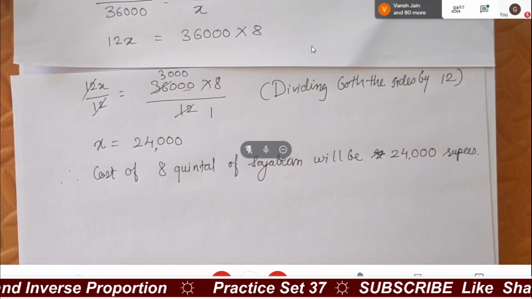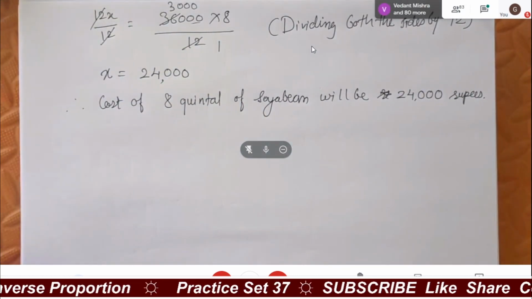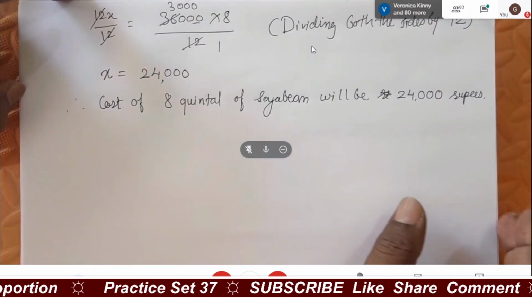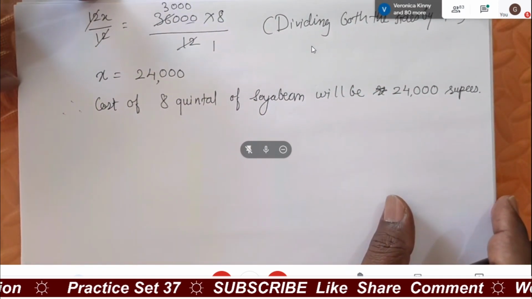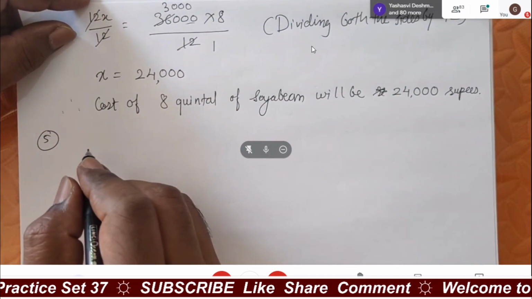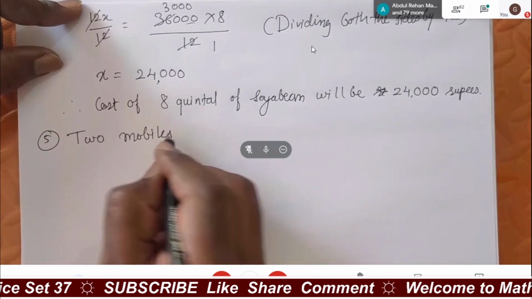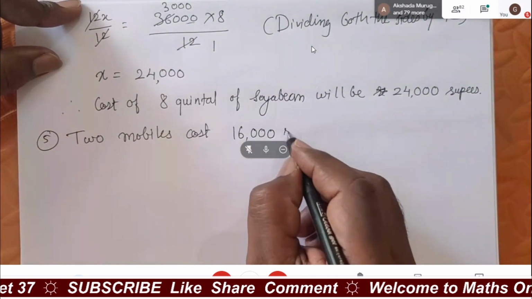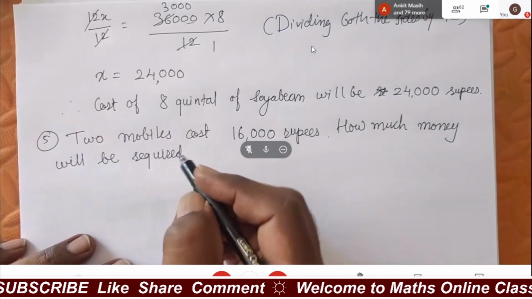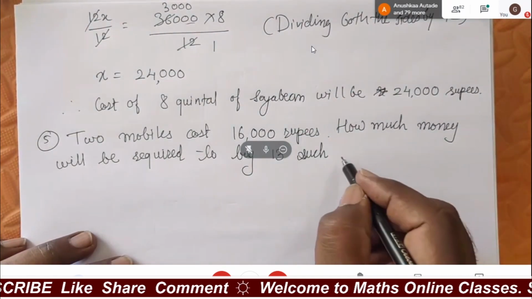Write down first. One more example is there, and then we will wind up this class. Last example, fifth one. So we'll complete practice set 37. Write down fifth sum. 2 mobiles cost 16,000 rupees. How much money will be required to buy 13 such mobiles?